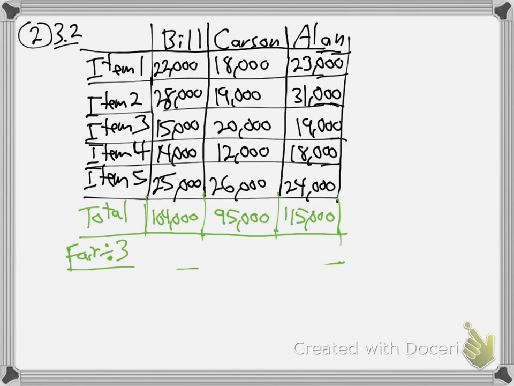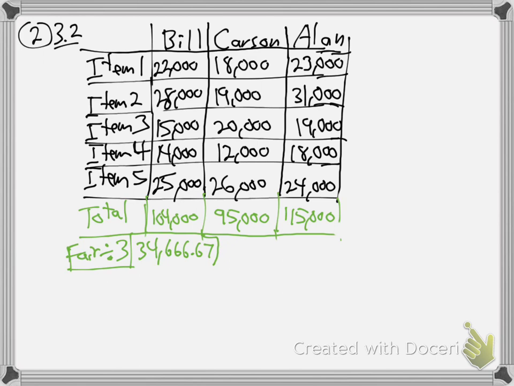Oh, this is so dumb. They made us go to the penny. Okay. So 34,666.67. Is that right? I think rounded to the nearest penny. Yeah, you got to go all the way to the penny on this example.